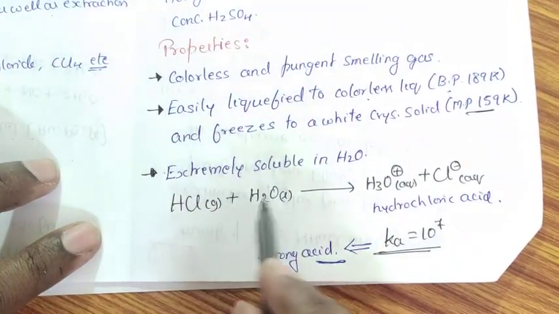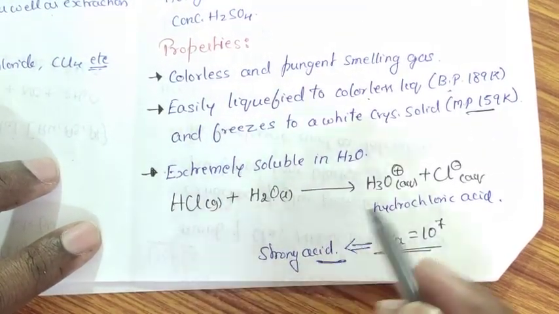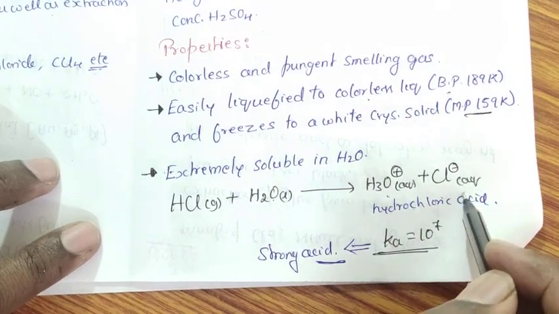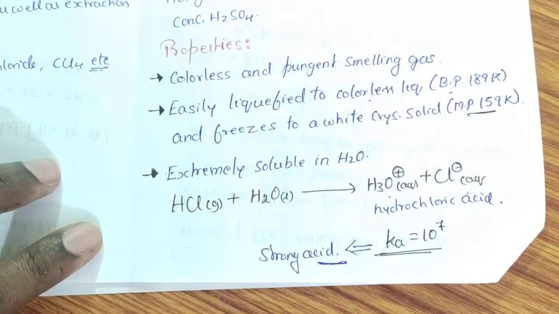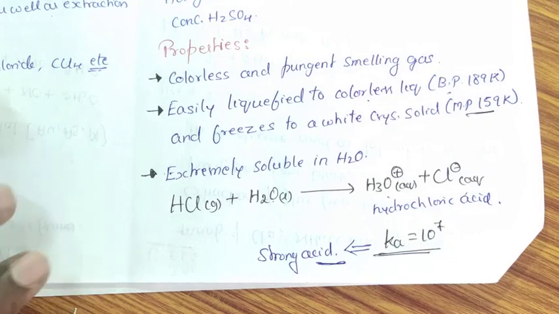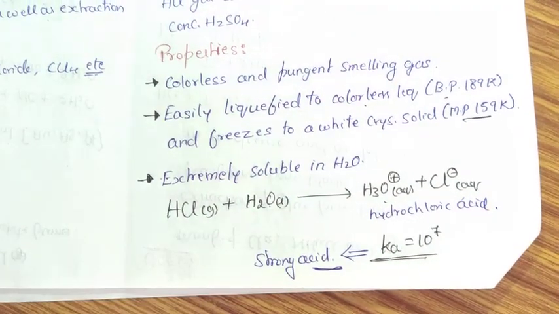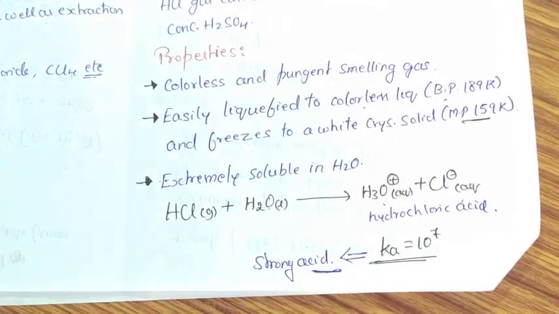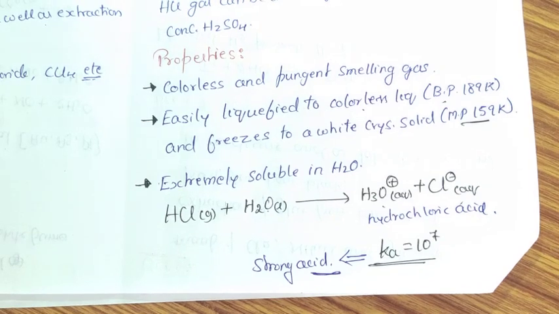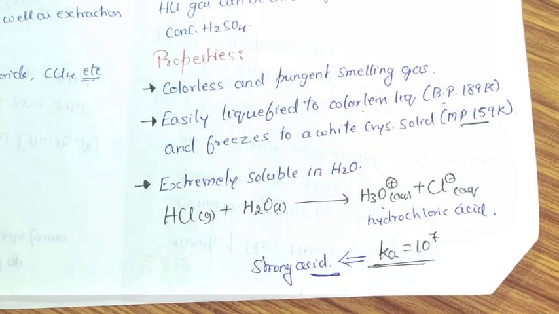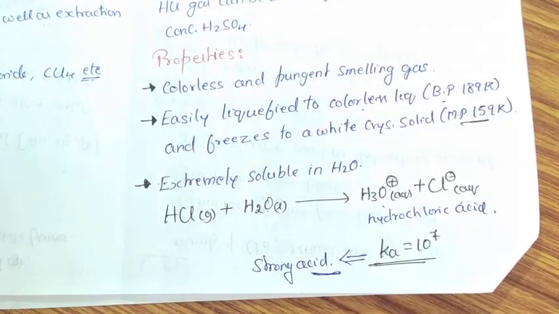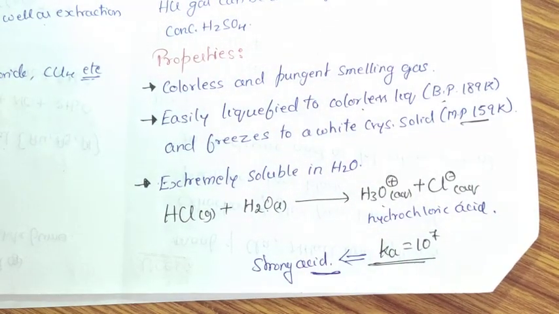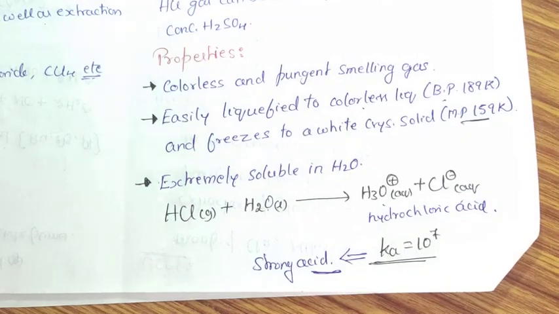Whenever it is treated with water, it undergoes complete ionization, forming H3O+ ion as well as Cl- ion. That is, hydrochloric acid is obtained when hydrogen chloride gas is treated with water. Hydrogen chloride gas undergoes complete dissociation in water, producing hydrochloric acid which undergoes complete ionization.